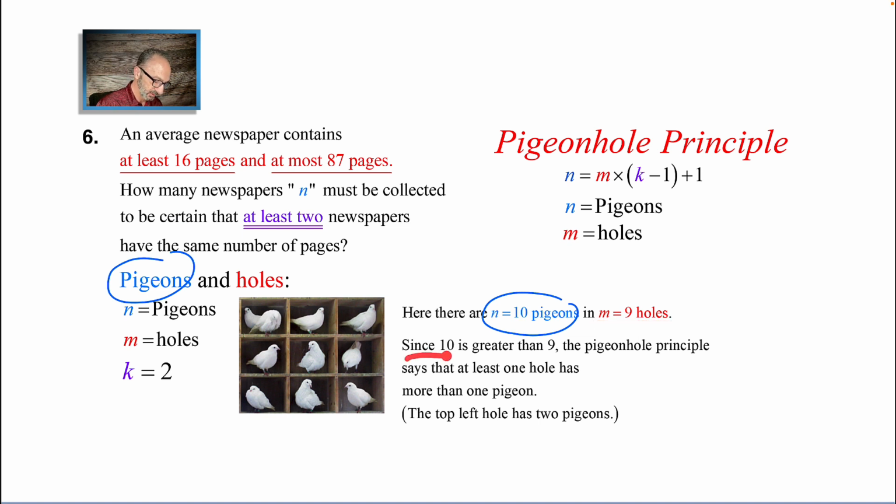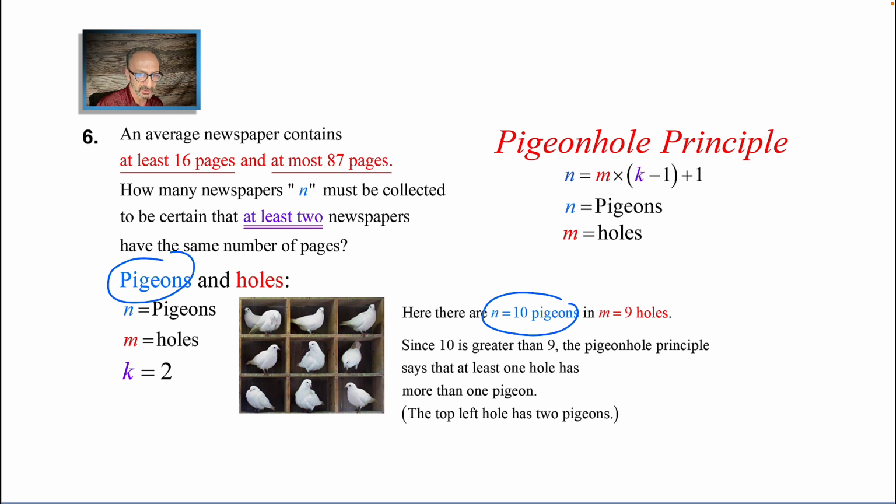Since 10 is greater than 9, the pigeonhole principle says that at least one hole has more than one pigeon, because you have more than the number of holes. If you have 9 pigeons and 9 holes, and you could force them all to go in one hole, yeah, maybe. But you're not going to be certain to have all 9 in just one hole.